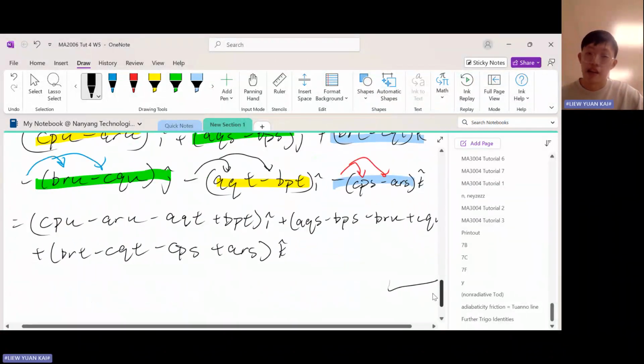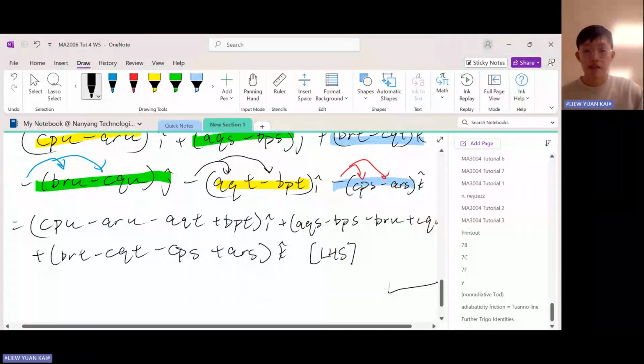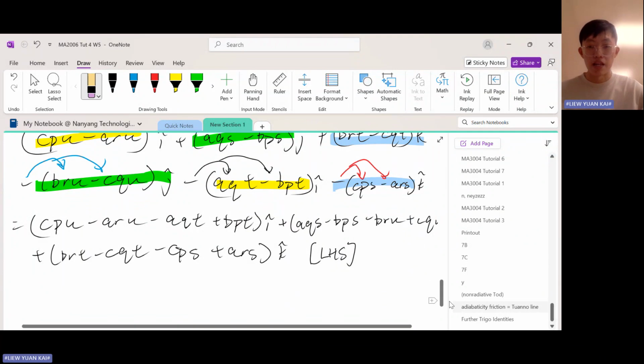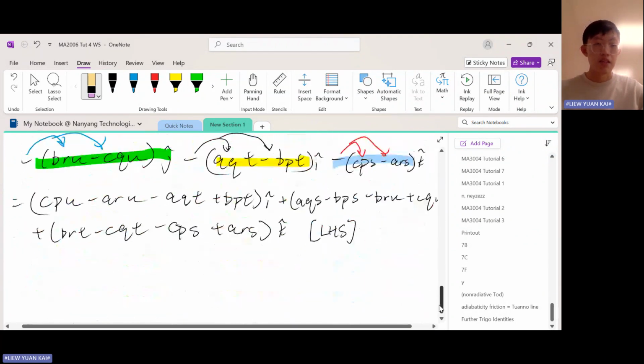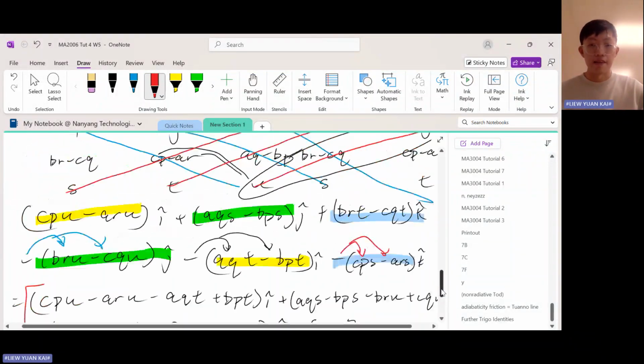So this is our result from the left-hand side. Now we're going to do a similar thing with the right-hand side. We're going to independently work out the right-hand side and check if the two results match, so keep this result in view first and check it later.